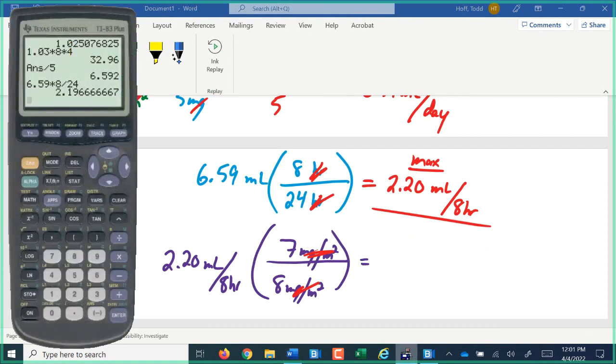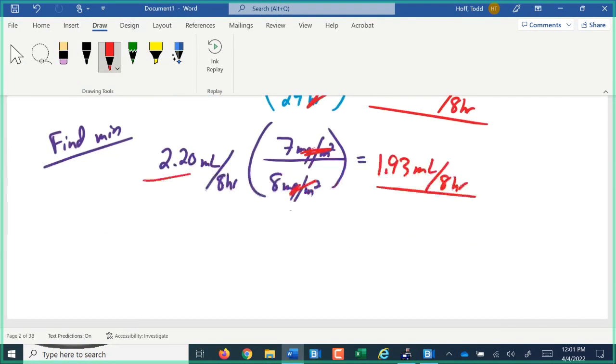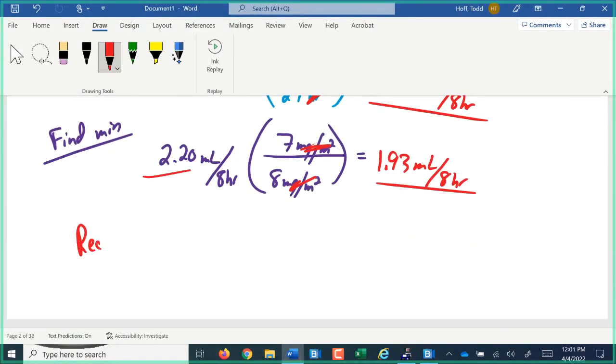We'll take our 2.20 times 7 divided by 8. Gives us 1.93 milliliters every 8 hours. So our safe range here, recommended range, 1.93 to 2.20 milliliters every 8 hours.